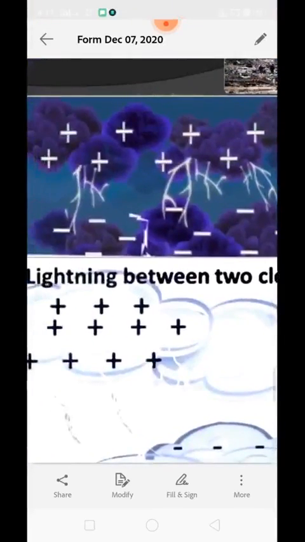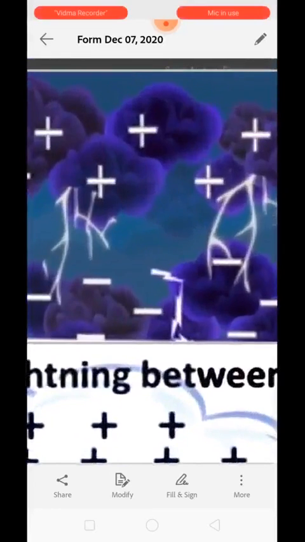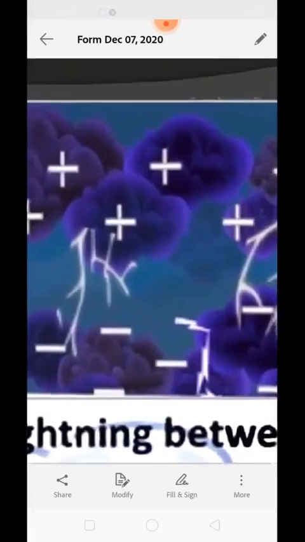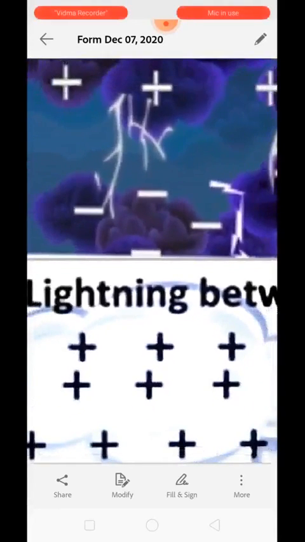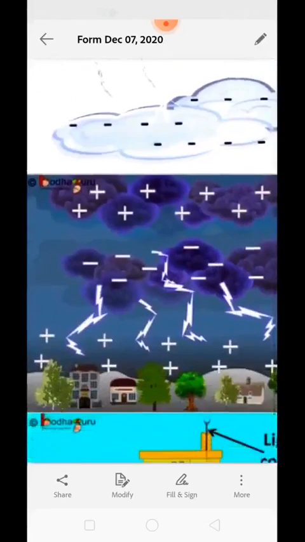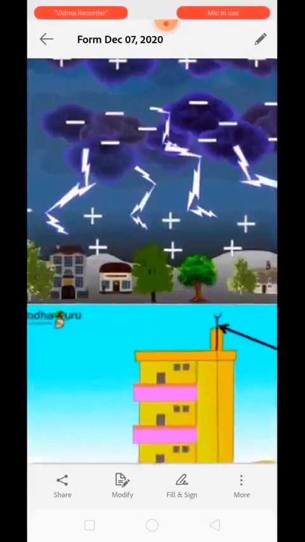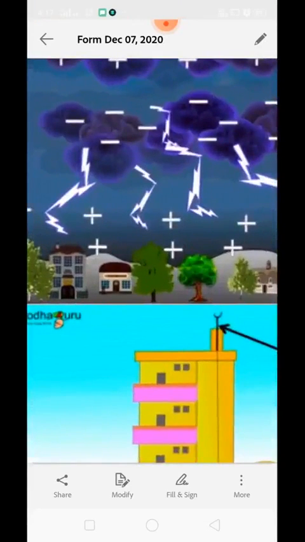What happened over here? Due to some reason unknown till now, the positively charged particles get accumulated on the top of the cloud, whereas the negatively charged particles get accumulated on the lower part of the cloud. The earth also generates positive charge. Understood? The upper part of the cloud is positively charged, the earth is also positively charged, and in between these, the lower part of the cloud is negatively charged.